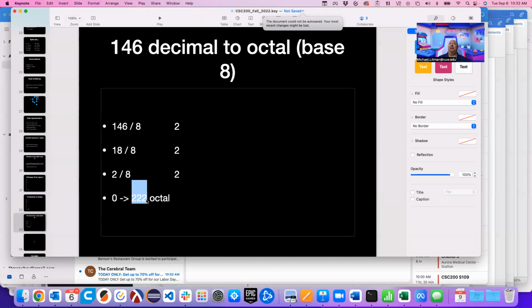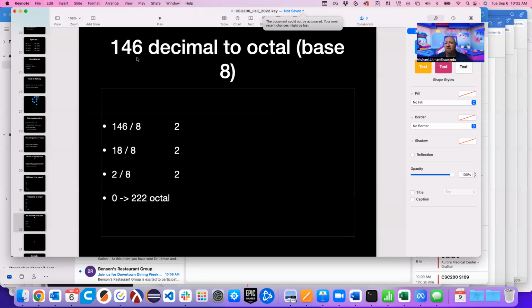You just know it's at least base 3, because the biggest value you see in there is a 2. The smallest base this number possibly could be is base 3, because base 3 supports the remainders of 0, 1, and 2. Base 5 represents the remainders of 0, 1, 2, 3, and 4.